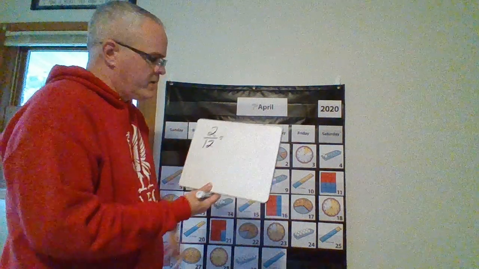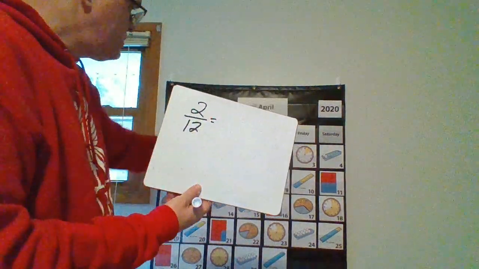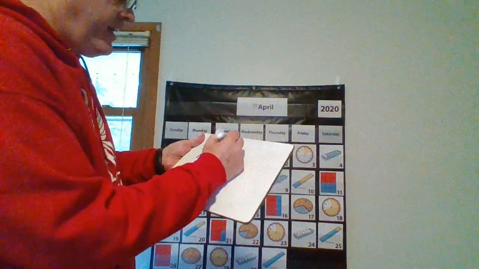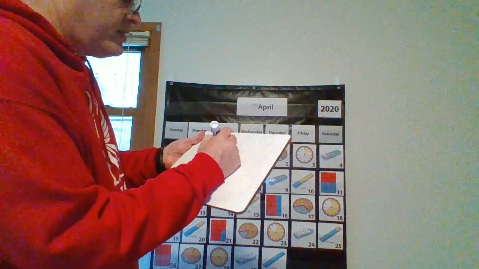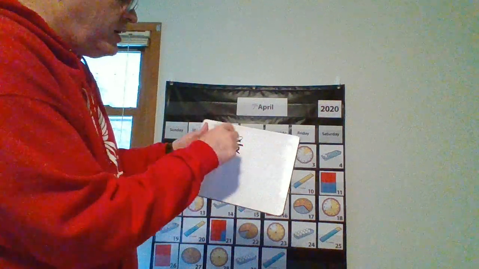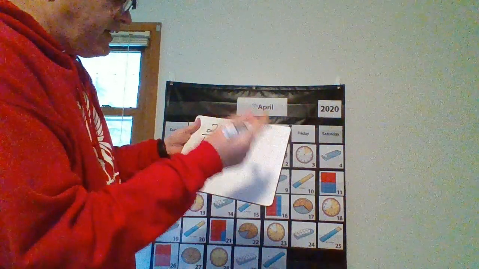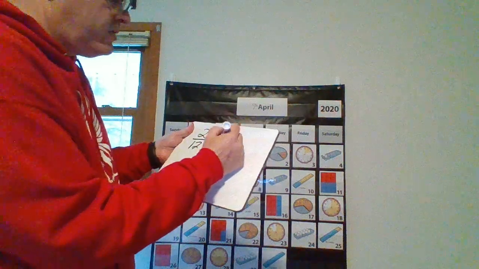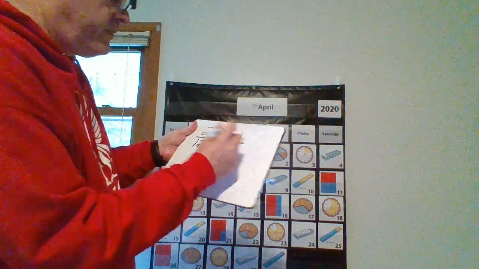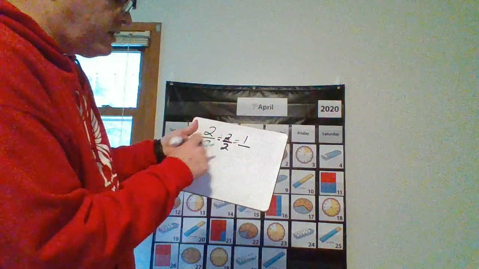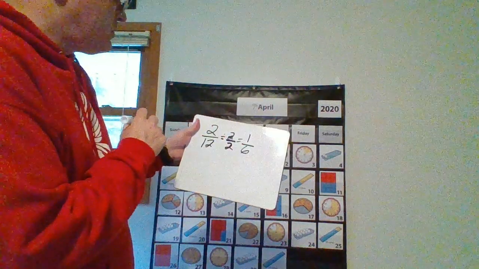So what's an equivalent fraction to 2/12? Divide the top and bottom number by the same number. 2 divided by 2, whatever it is, a number divided by itself is always 1. 2 divided by 2 equals 1. How many times will 2 go into 12? 6 times. 1/6.